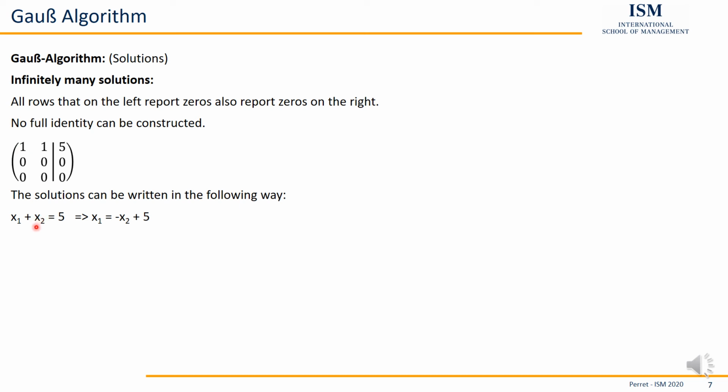That's how many variables you have to determine. Here I determine it to be the x2, and then I write all the other variables in relation to those fixed variables. So here I'm writing everything in relation to the x2. Well, everything means only the x1.